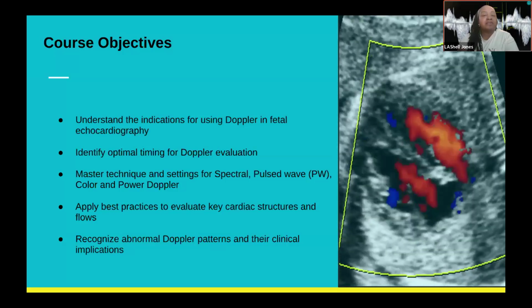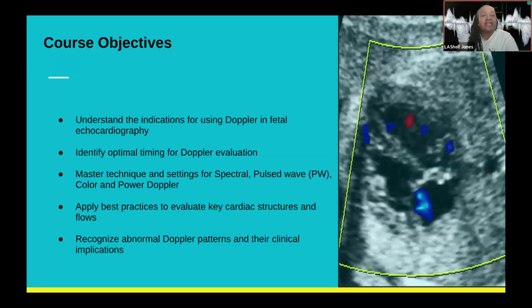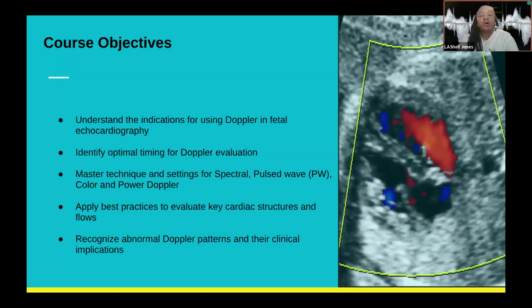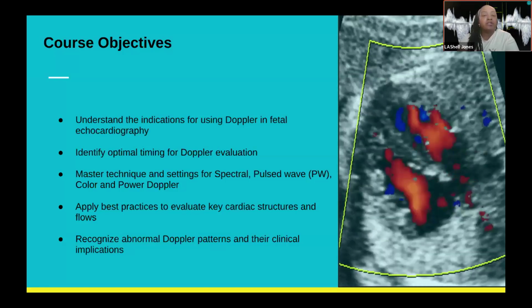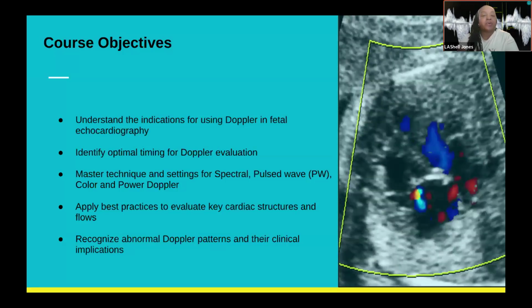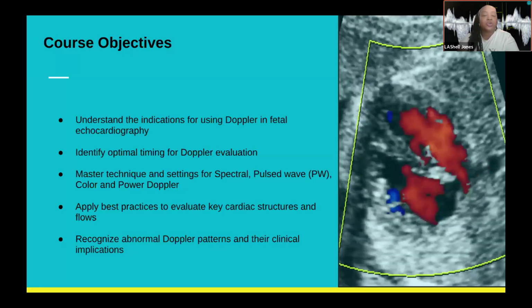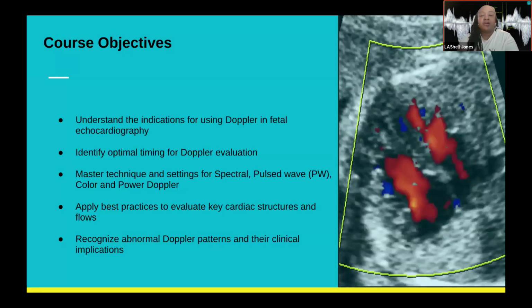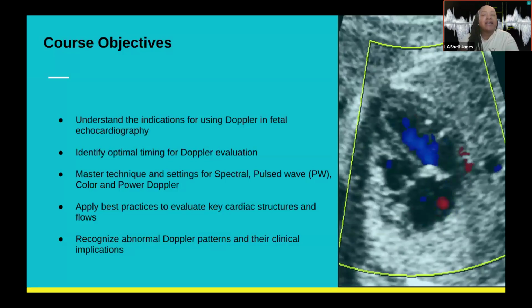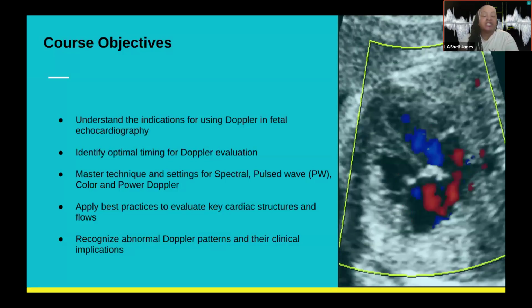You will definitely be able to master some techniques and settings for your spectral, pulse wave, color, and power Dopplers. And then you'll be able to apply those best practices to evaluate key fetal cardiac structures and flows. From there, you'll be able to recognize abnormal Doppler patterns and their clinical implications.